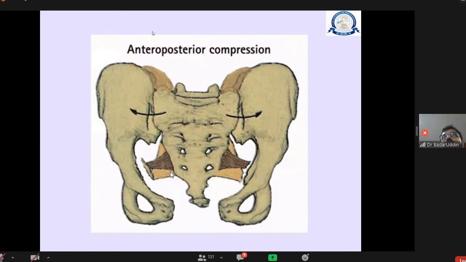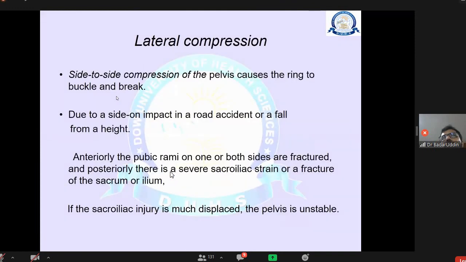Number two is lateral compression injury. When somebody is injured from side to side of the pelvis, it causes the ring to buckle and break, due to a side-on impact in a road accident or fall from height. In these injuries, the pubic rami of one or both sides are fractured. And posteriorly, there is severe sacroiliac ligament strain or fracture of the sacrum or ilium.